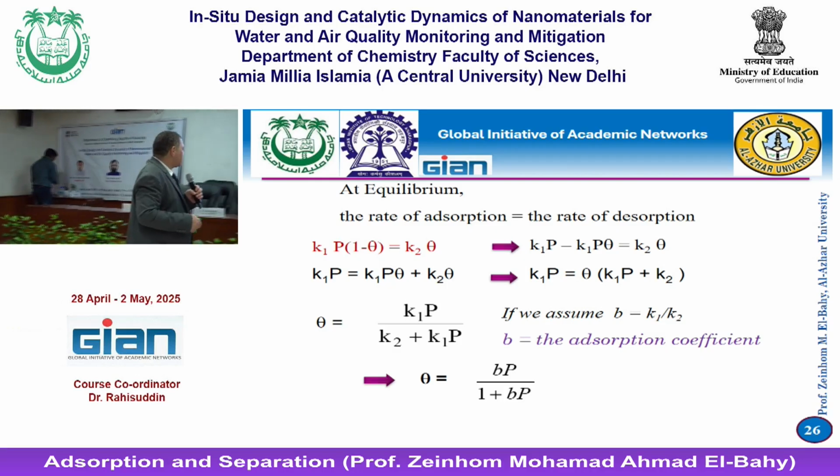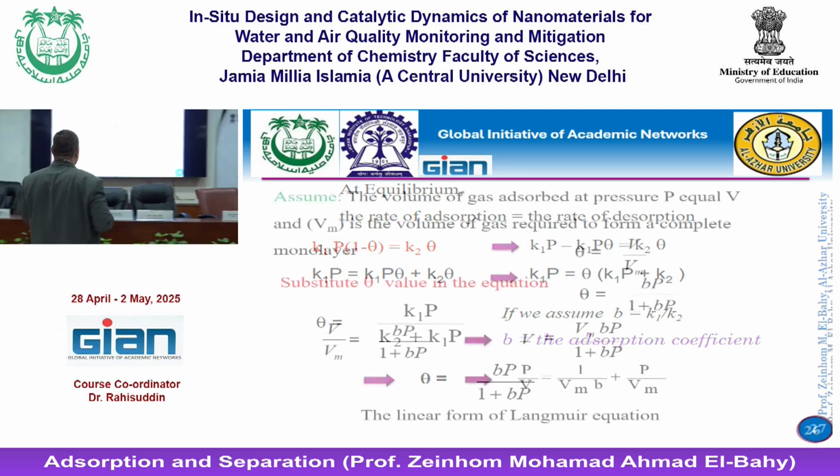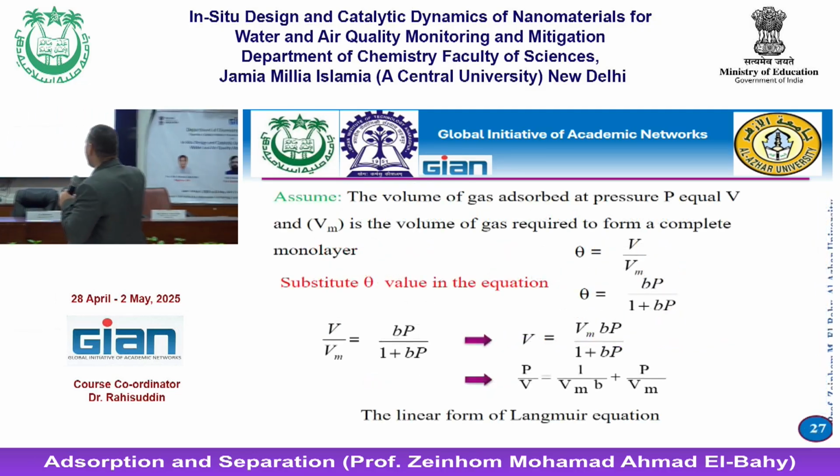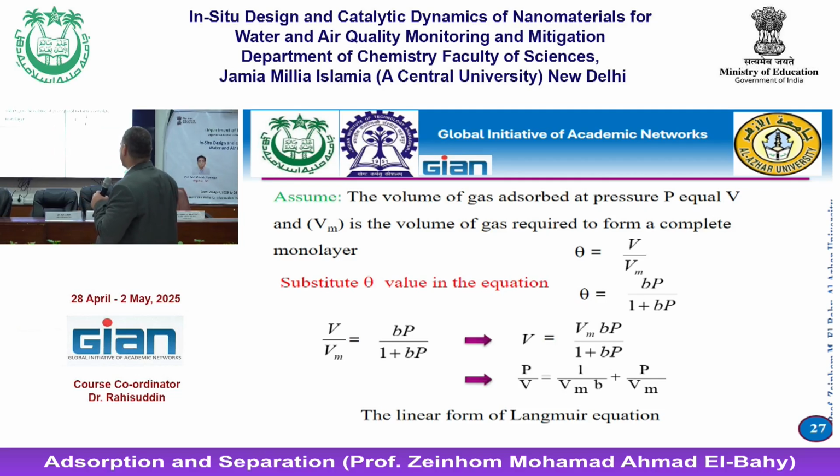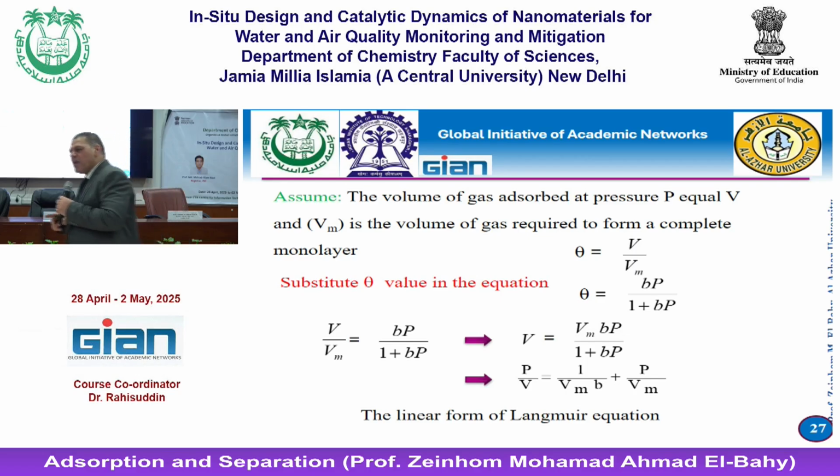Of course, this is an assumption: theta equals V over Vm. Theta is the covered surface, V is the amount of gas already on the surface, and Vm is the monolayer, the amount of gas which can cover a monolayer of the surface.